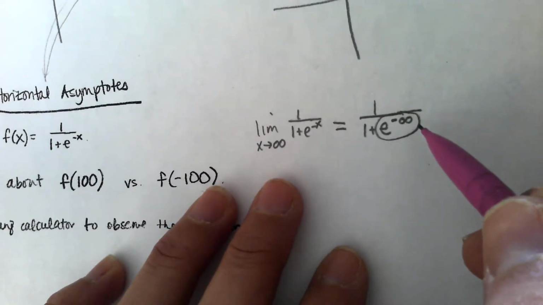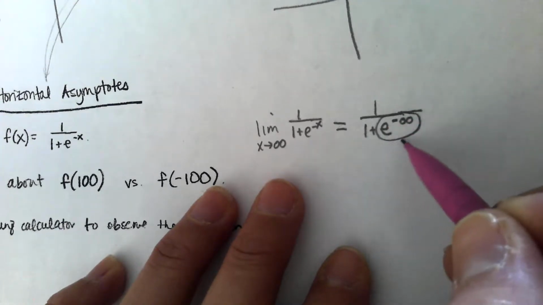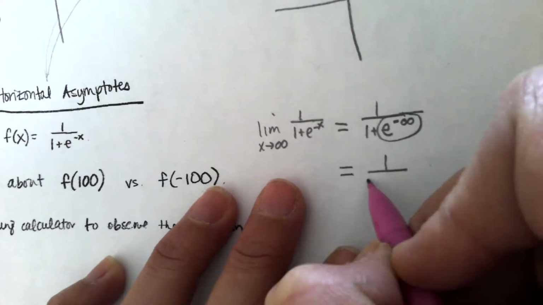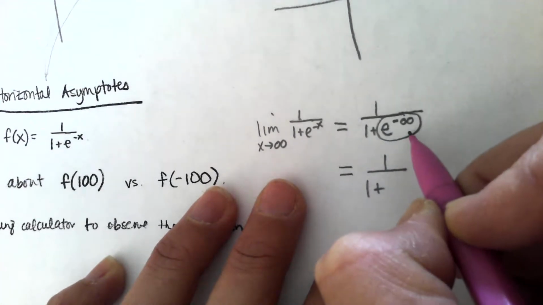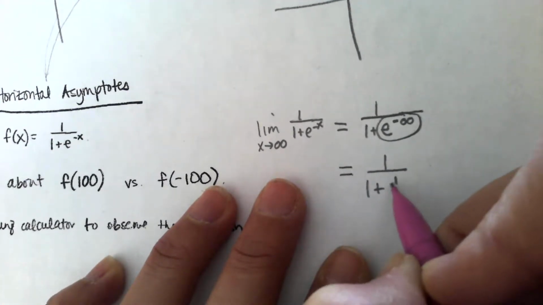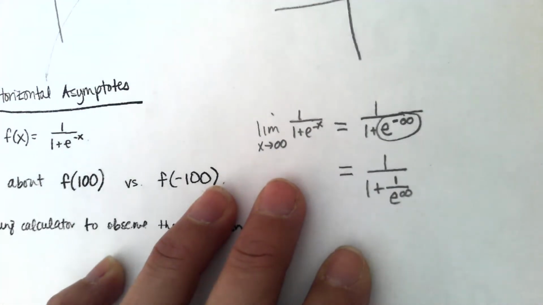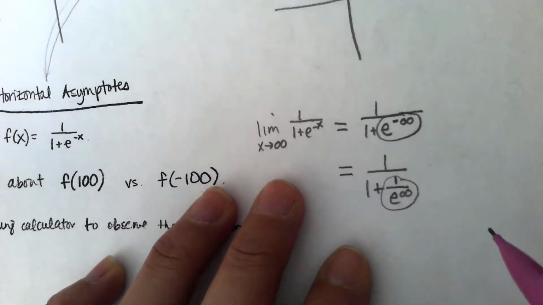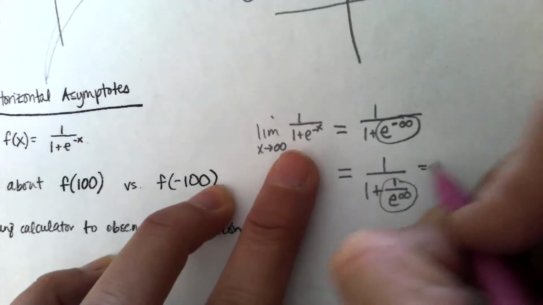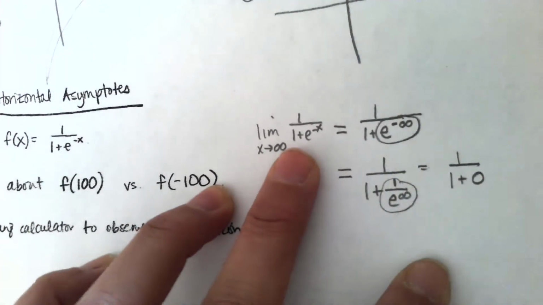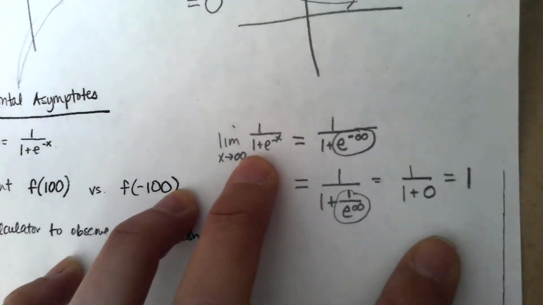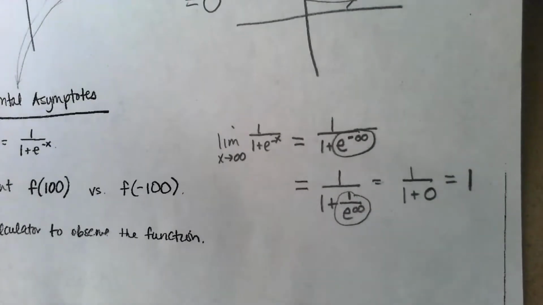Hannah? Okay, she's correct. I'm going to show you why that is, because it's 1 over 1 plus the negative exponent goes to a denominator. So this becomes 1 over e to the infinity. And 1 over a humongous number is like 0. So this is 1 over 1 plus essentially 0, and 1 over 1 plus 0 is just 1. So there is a horizontal asymptote at 1.